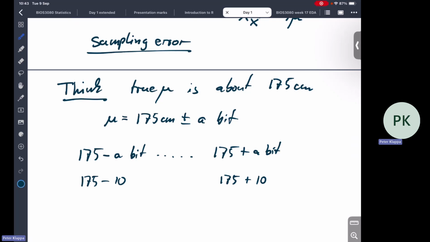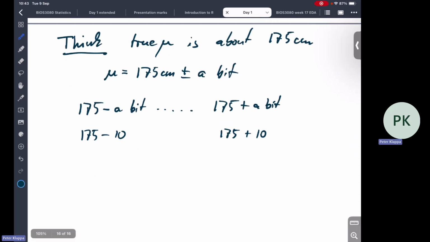So we think the population mean is between 165 and 185 centimeters. We are pretty confident that the population mean is there. We will never know exactly where it is, but we are fairly confident.